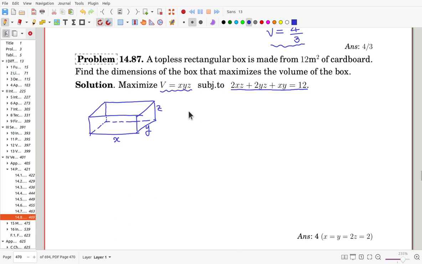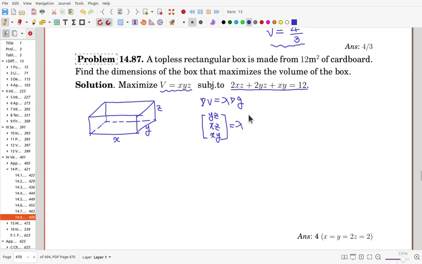Okay, so we'll use the method of Lagrange multipliers. Gradient of V equals lambda gradient of g. Gradient of V: the x derivative gives yz, the y derivative xz, the z derivative xy, right?